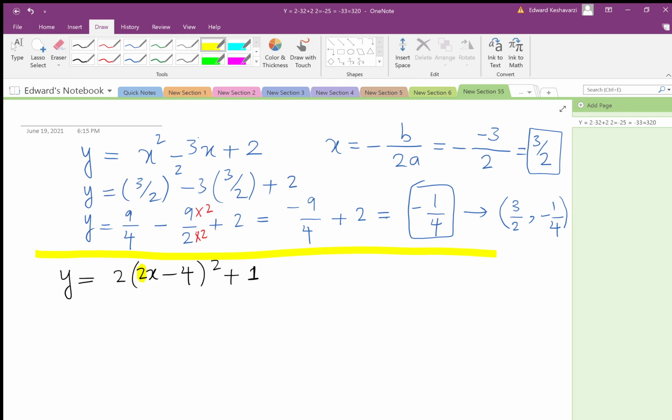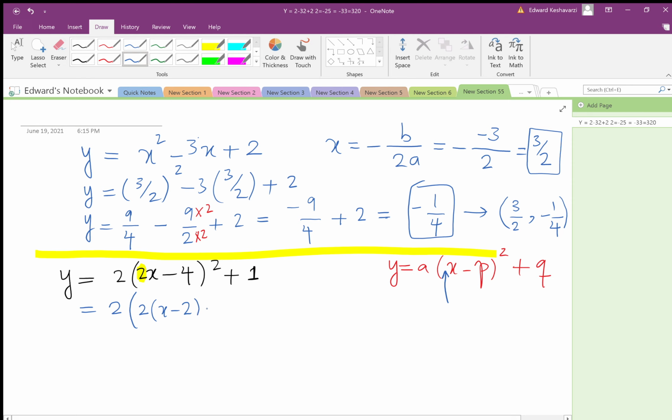Let's make sure that this one is written in the vertex form, because in the vertex form, the coefficient of x inside the bracket is 1. Therefore, that 2 must be dealt with. So let's take a look. I can factor this 2 out. Therefore, it becomes 2 times (x minus 2) squared plus 1.